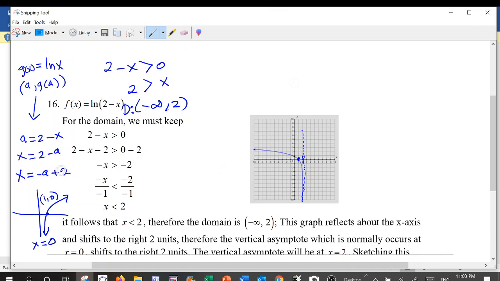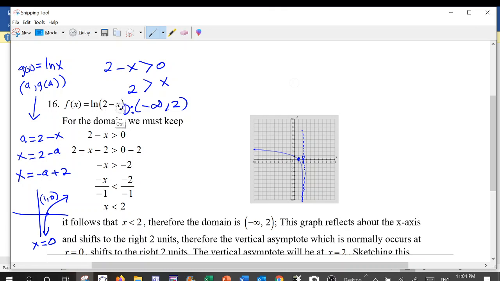All right, now we need another point to figure out what's going on here. So this is the original one. We're going to get ln of 1, so ln of 1 is 0.